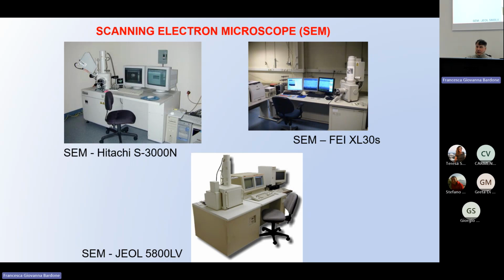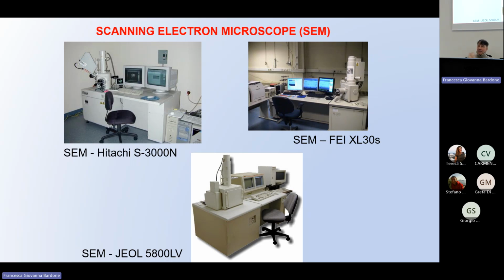At the same time, I want to spend some kind words also for the classical SEM. If one day you work with metals or ceramics or whatever, you can use these instruments, which give you all the information you need. And we have two of these instruments, plus the environmental one.